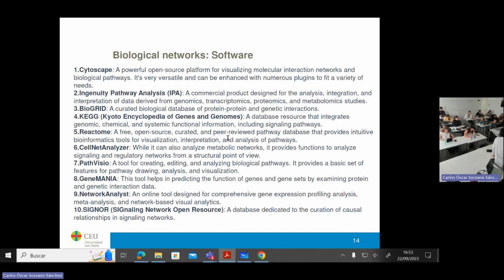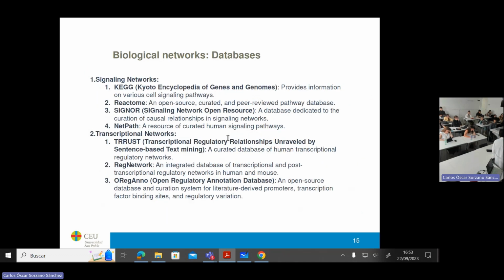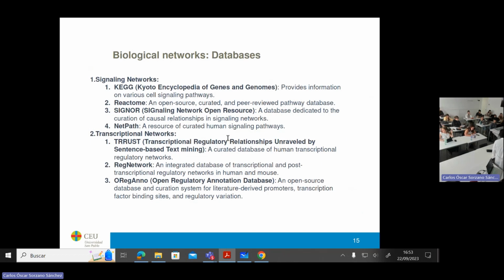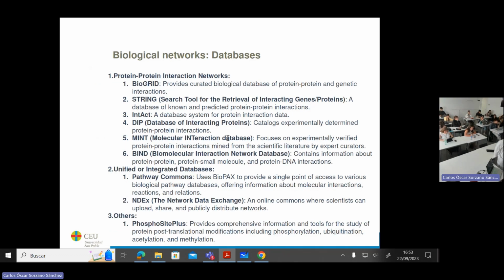Cytoscape, we have seen it, and there are many others, so if you are interested, you can follow these. There are also databases. One thing is the software, the other one is the content. The content is in these databases, and you have databases for signaling networks, for transcriptional networks, and protein-protein interaction networks. A little bit of everything in these unified databases.